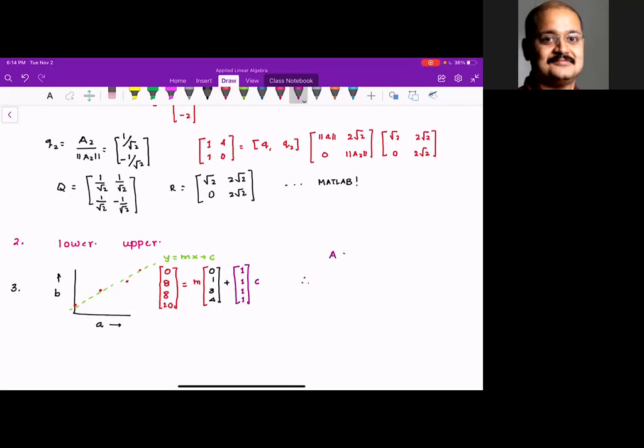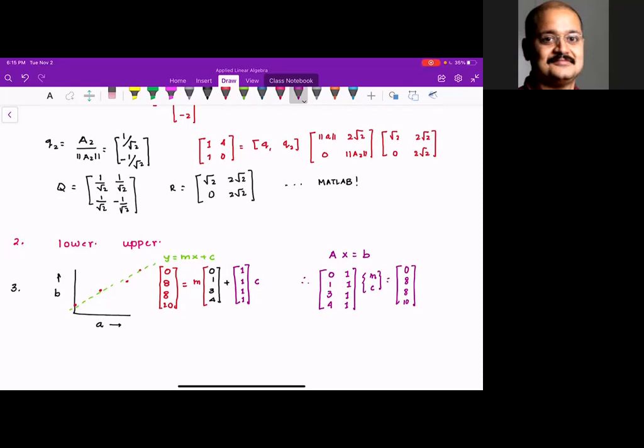The linear algebra is AX is equal to B. So this equation can be written as 0, 1, 3, 4, 1, 1, 1, 1, times M, C, is equal to 0, 8, 8, 20. Are you with me?